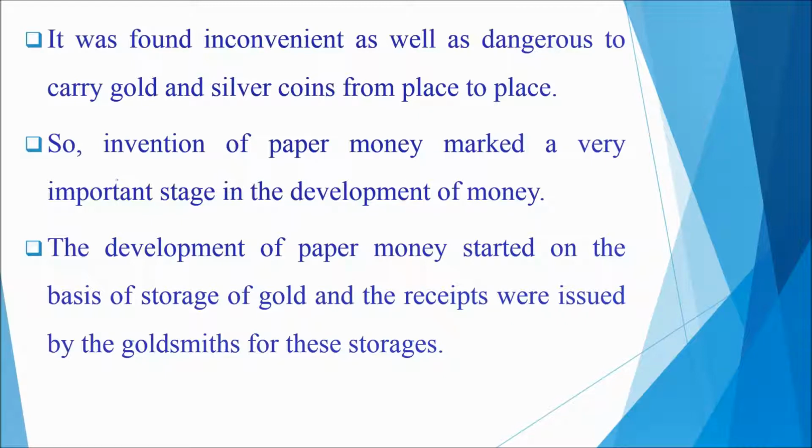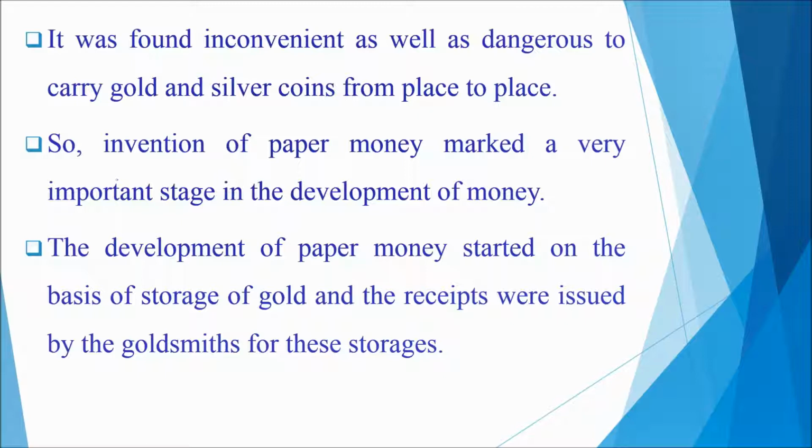The development of paper money started on the basis of storage of gold, and the receipts were issued by the goldsmiths for these storages. So, at first, people used to store their gold, and the receipts were issued by the goldsmiths for these storages.